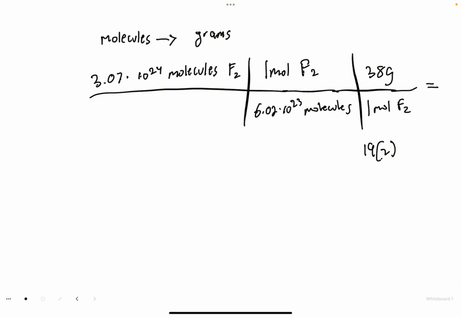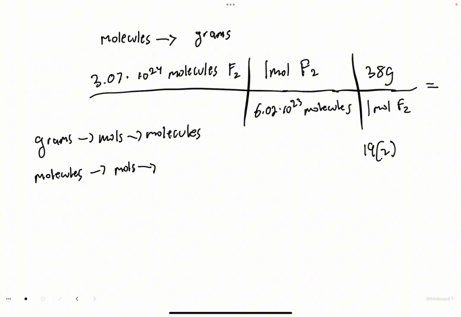So these are different conversions: grams to moles to molecules. You can go back and forth. There are various options. Even though there are different options, it's always going to be the same process.